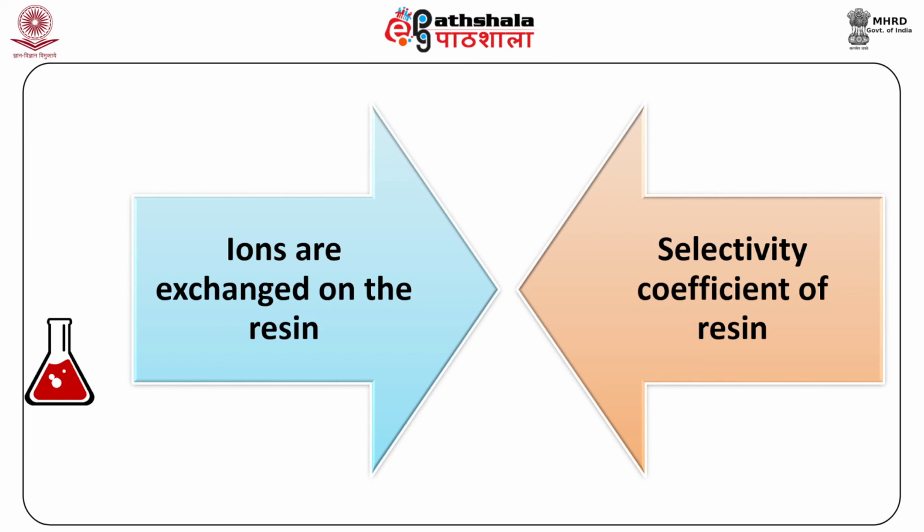In this technique, the ion exchange resin and the solution are mixed in a batch vessel. The exchange is allowed to come to equilibrium and then the resin is filtered off from the solution. The extent to which the ions are exchanged on the resin depends on the selectivity coefficient of the resin.